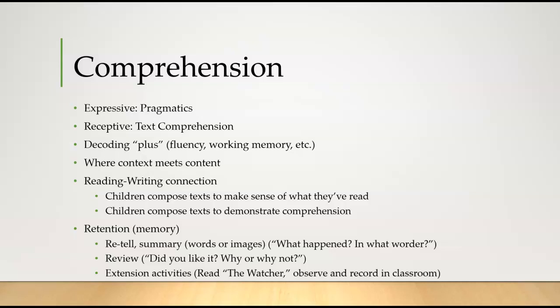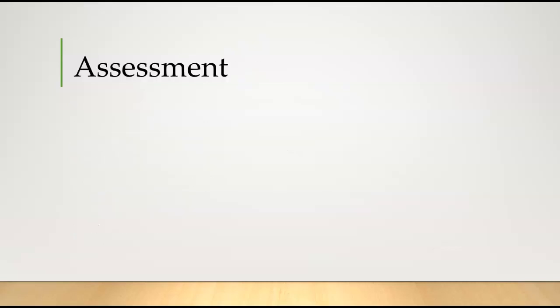You just go around the classroom with binoculars, pretend binoculars, and observe and record again through print, writing words or drawing pictures, whatever is developmentally appropriate. Observe and record what happens.